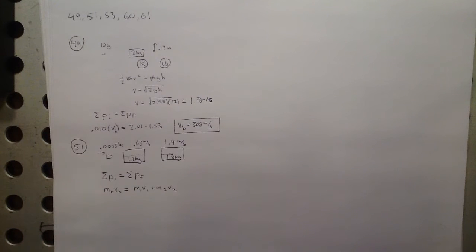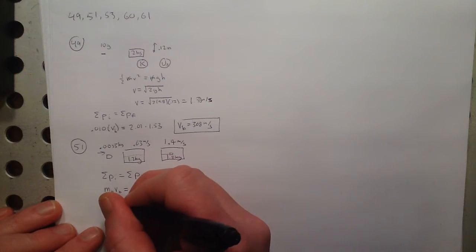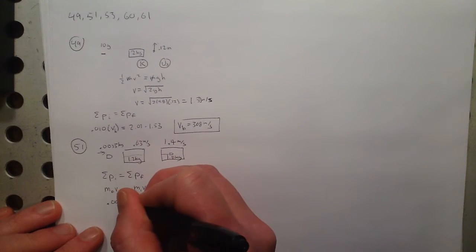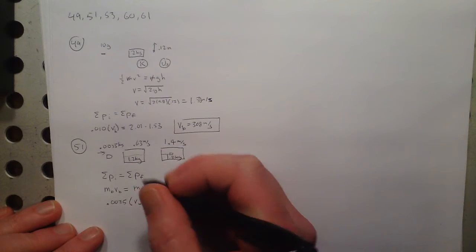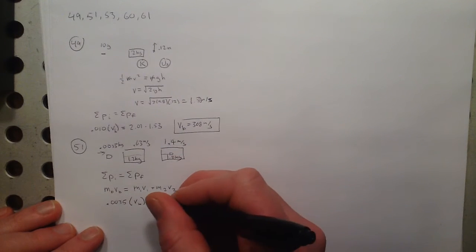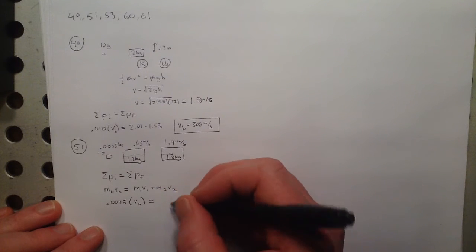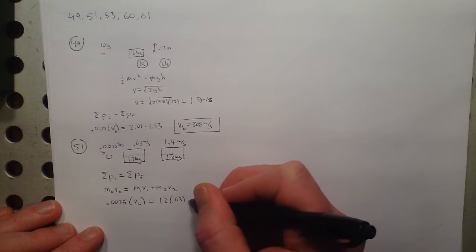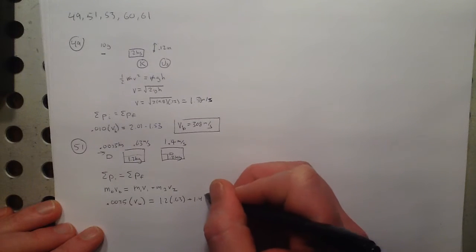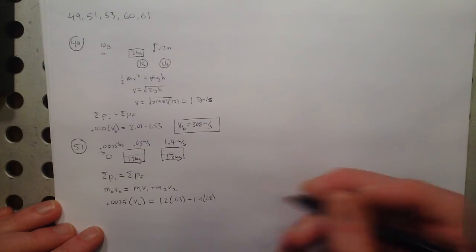So I'm going to find part B first. I think you probably can do them in either order. I have it set up to find part B first, so let's go ahead and do that. So 0.0035 times the velocity of the bullet as it enters here is equal to 1.2 times 0.63 plus 1.4 times 1.8.